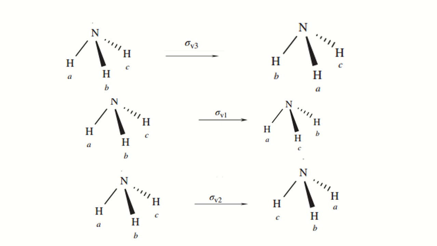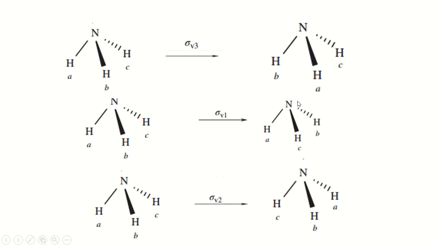This rule is also applicable for sigma v1 and v2. What happens if we apply sigma v1 to this molecule? The plane of symmetry or plane of mirror should be through HA and nitrogen, while there should be no change in HA.